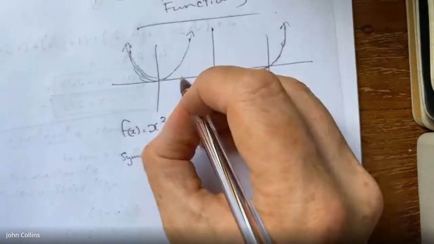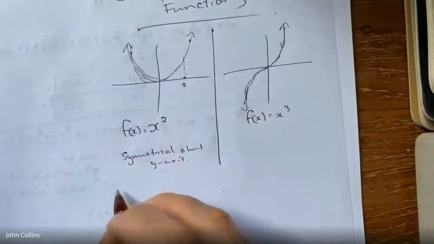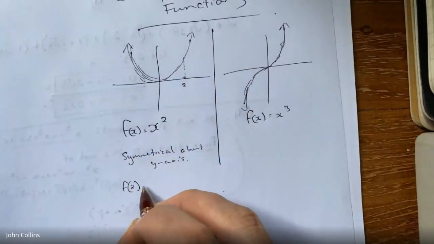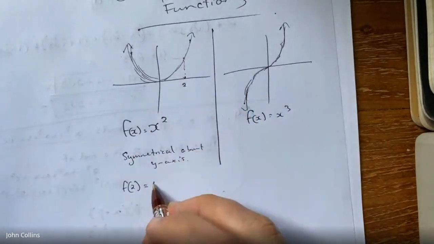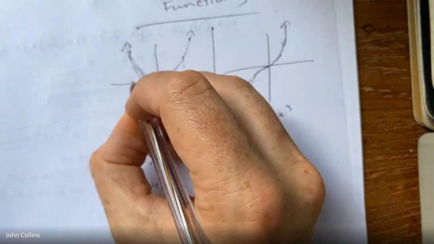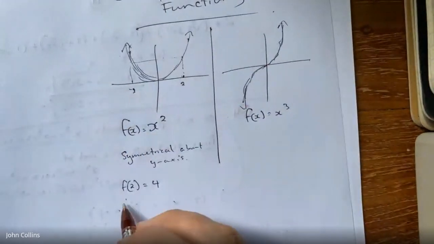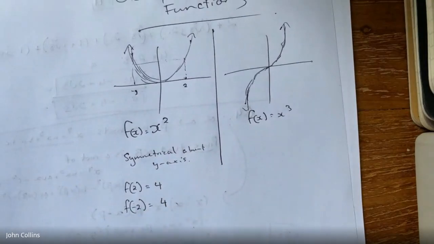Well, that means that if I want to find the value of the function when x is 2, I get out a value of, well, 2 squared is 4. Now, if I want to find the value for minus 2, I also get 4 out.